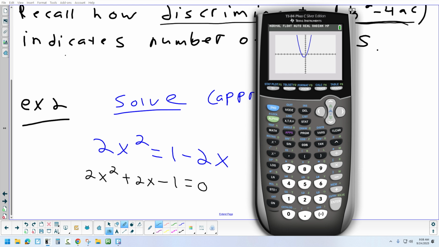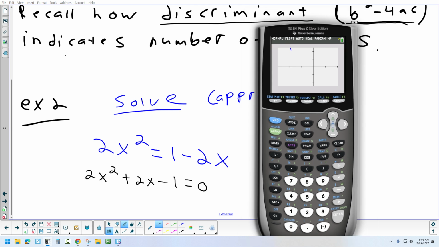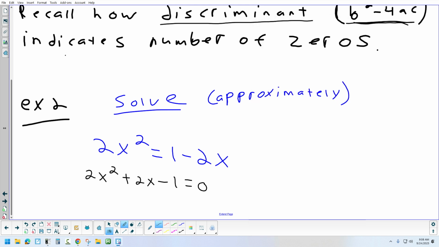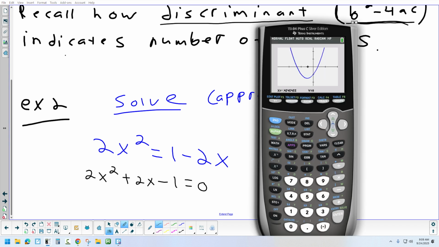And I want to find these two intersections. Now, just so it's easier for you to see, I can see it fine, but I do want to zoom in. You don't have to on yours. Just if you're sitting in the back, I want people to see it better. Okay, so I'm going to calculate the zeros. That's why I set it equal to 0 when I started the problem.